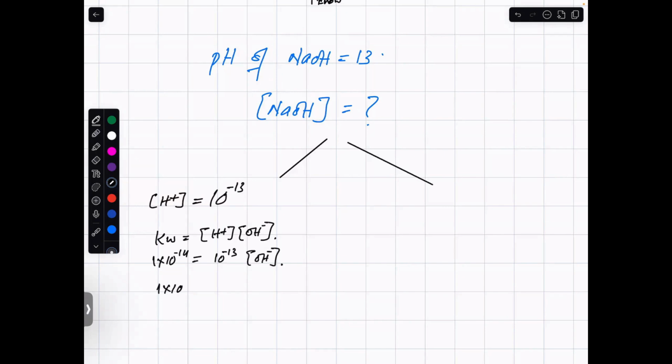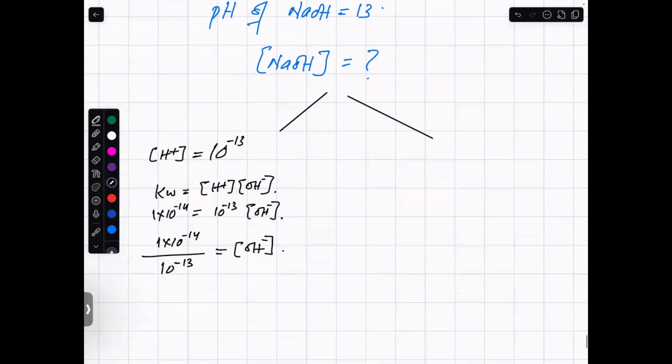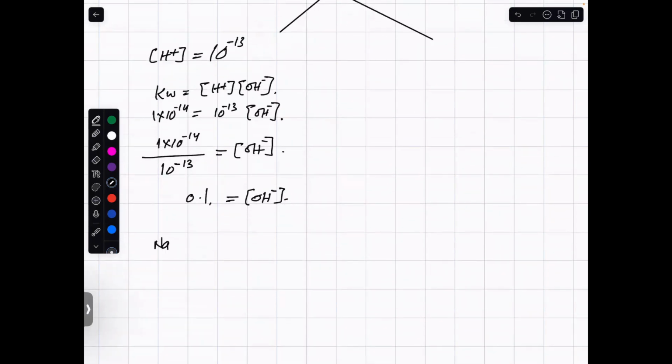So Kw over H plus, you get OH. It's how much? 0.1. The OH is 0.1. So NaOH is made from what? 0.1 is made by 0.1, the answer. Why? Because 1 is made by 1.